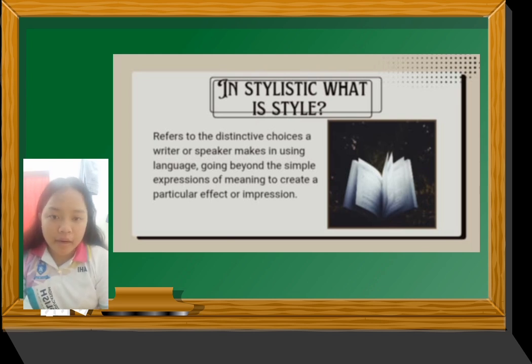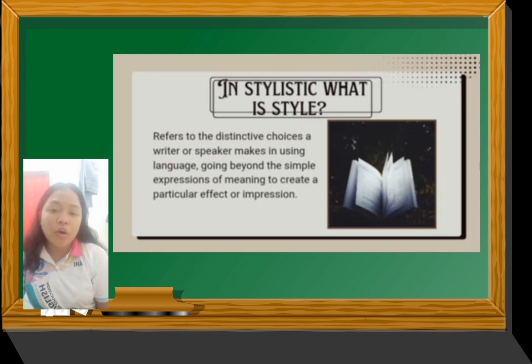Style is about the individualistic and creative way someone expresses themselves through language, encompassing elements such as word choice, sentence structure, tone, and more. In essence, style is the how of language, the distinctive manner in which something is said or written, going beyond the what of the message itself.